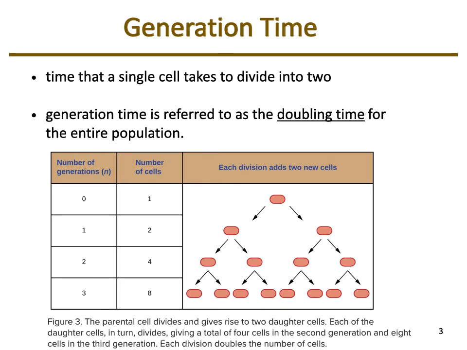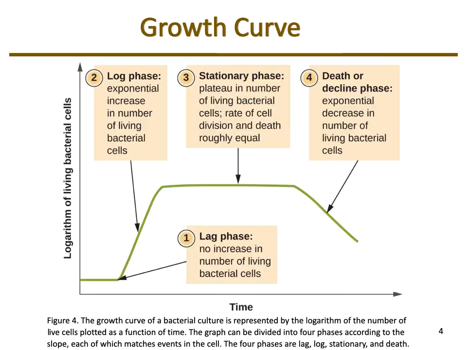And again, all of this varies on the conditions that they are growing in. So obviously if we're depriving nutrients and some of those intrinsic factors, and we change some of those extrinsic factors that we'll talk about later on, like temperature, then this can change the generation or doubling time for an organism.